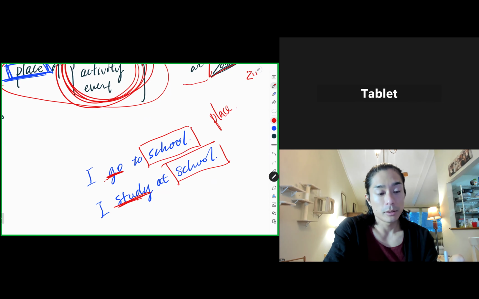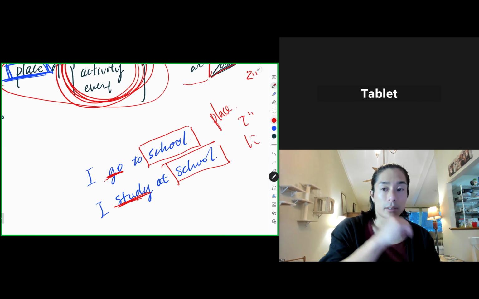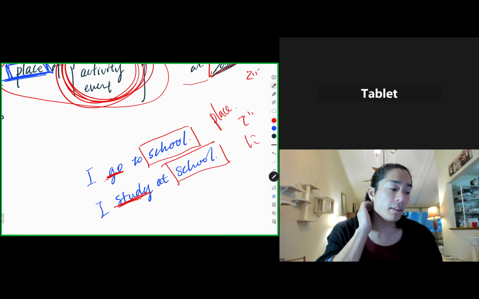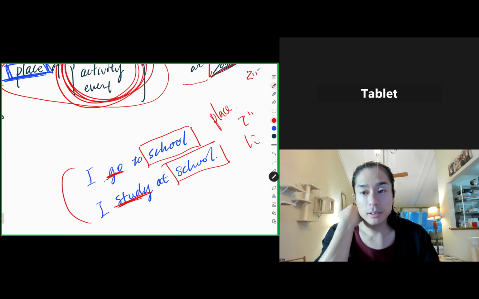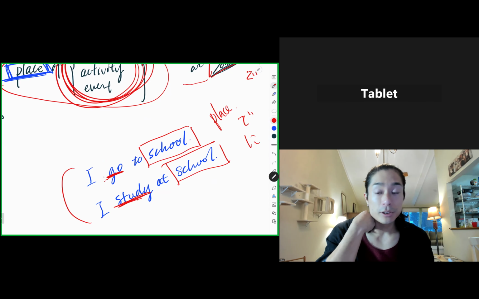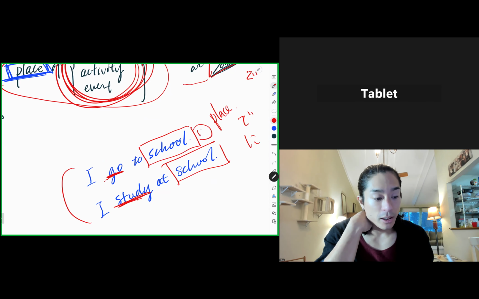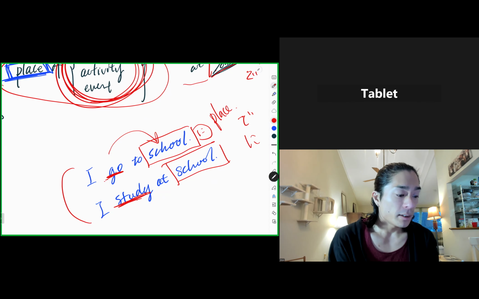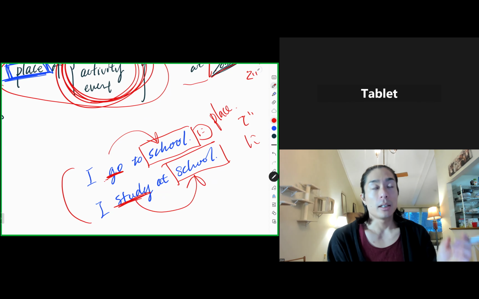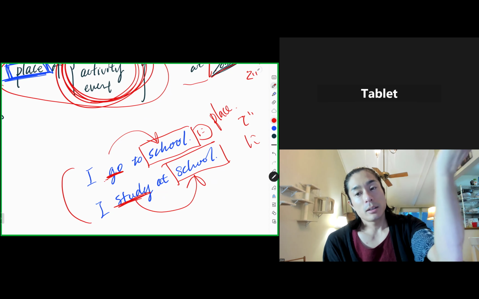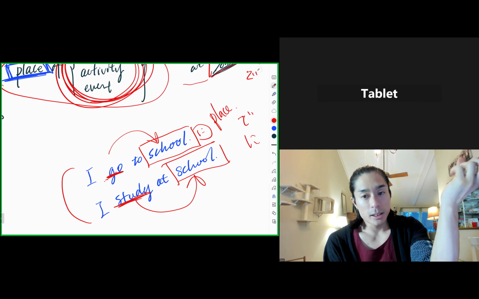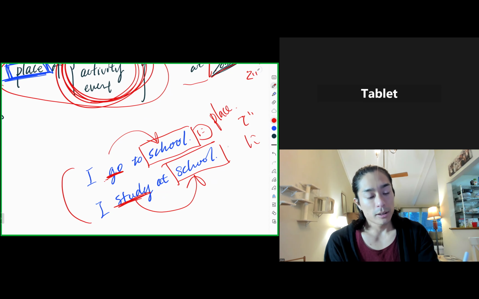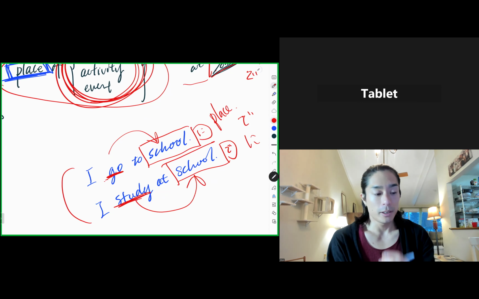So there are options for de and ni, right? I mean, these are pretty easy, simple, so you should be able to tell that for I go to school, we put ni because it's the destination. School is the destination, so ni. And then I study at school, right? You're doing something at the place. I'm studying at school because you're doing something there, right?